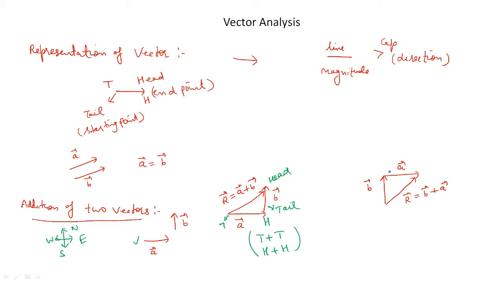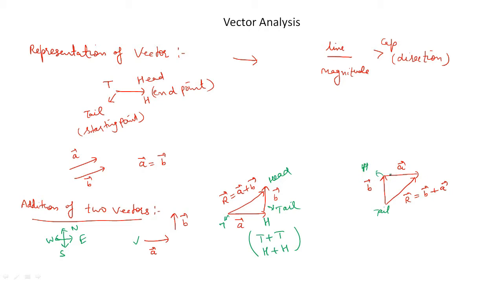Similarly, here you can see that we have to add vector A to vector B. Now first I will draw the vector B. This is the tail of the vector B and this is the head of the vector B. Now I have to add the vector A here.